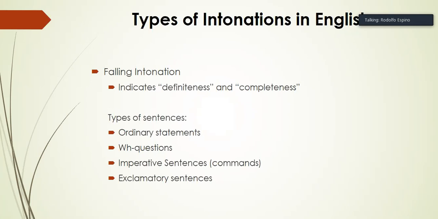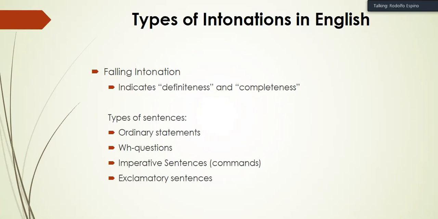If I don't make that falling intonation, it gives the person the sense of, oh, he's going to continue speaking. Okay? He hasn't finished yet. Right? Okay. So, types of sentences. Yes? Any questions? No? Okay.